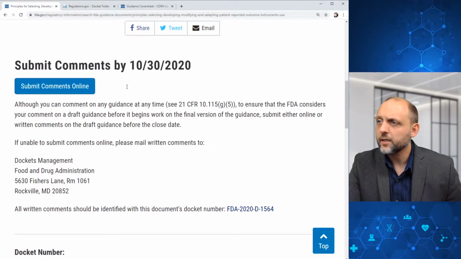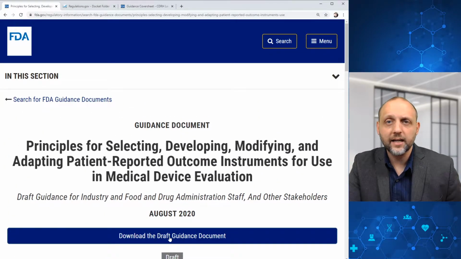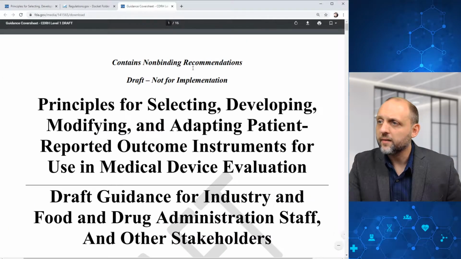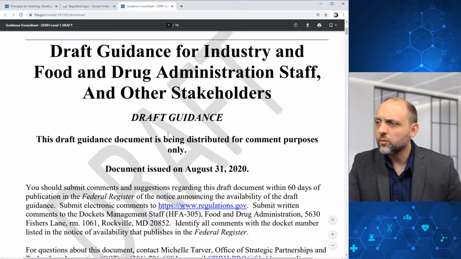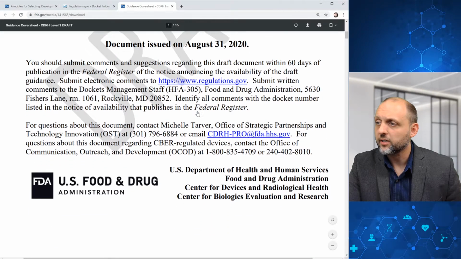But if we go back and scroll up, this is where we can download the draft guidance document, this button here. And I've already done that, and I can pull up that draft guidance document. Here, again, it contains non-binding recommendations. It's draft, not for implementation. And we can see that there's some more information here directing you back to regulations.gov.